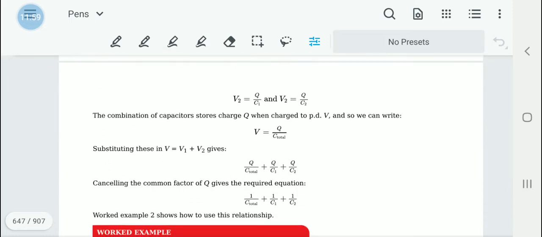This combination can be written as V1 equals Q upon C1, or V2 equals Q upon C2. Hence V, that is the total voltage, equals Q upon C total.